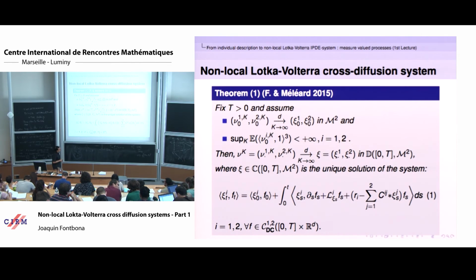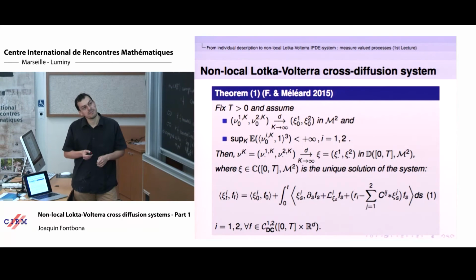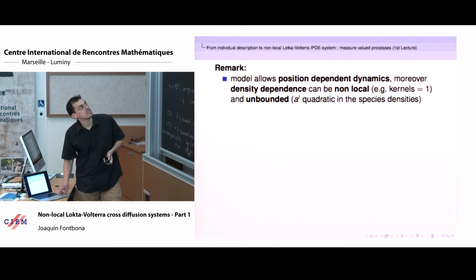So I have this bilinear term here in terms of the measures. Here there is something which depends on the densities as well, on the level of the diffusion. I will just say in a while what it means, but okay.